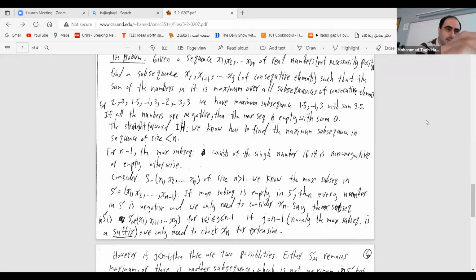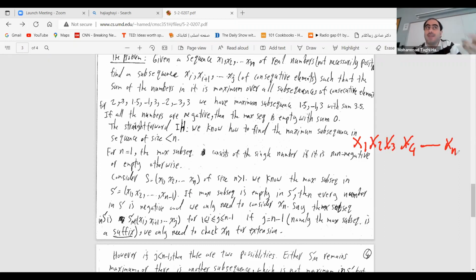So let's write these, and see what will happen. So we have here x1, x2, x3, x4, and so on. Good. Let's do this one. So we try to do it by induction. If the length of the string is 1, then we can just solve the problem.